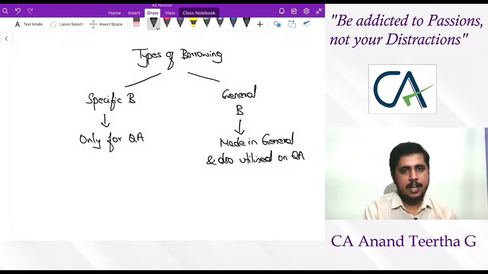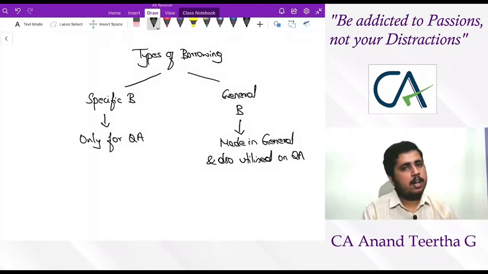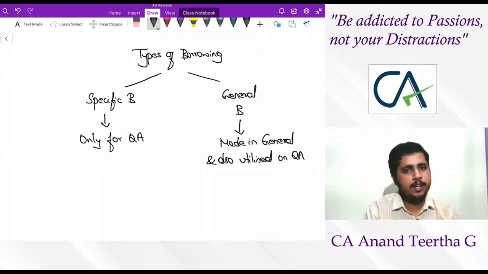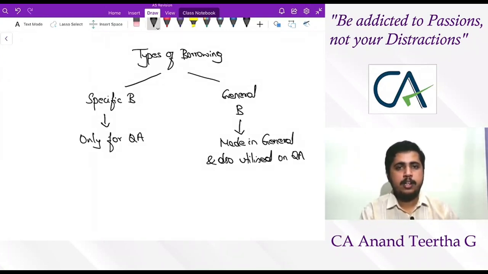You use it to pay salary, you use it to pay your supplier, you use it to pay your rent, all these things. At the same time, you use it to pay your contractor of construction of building as well. Now what is happening? You are using this particular borrowing for every general purpose. Along with that, you are using it for qualifying asset also. At that time, we call it as general borrowing.